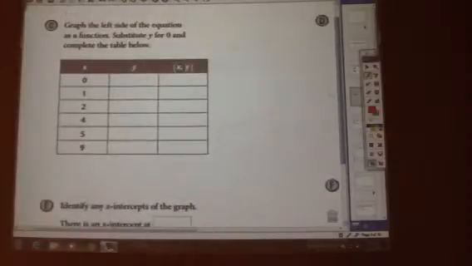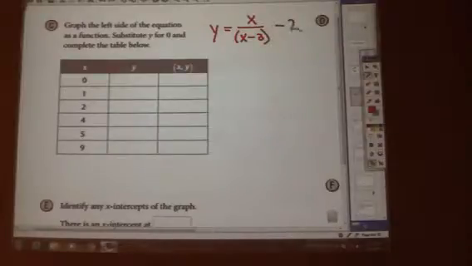Now what I'm going to do is fill in the table of values, and we're going to put this in the calculator because it will be easier to get the values. So if you will, go to y equals, and you're going to put x over, and then parentheses x minus 3, minus 2.